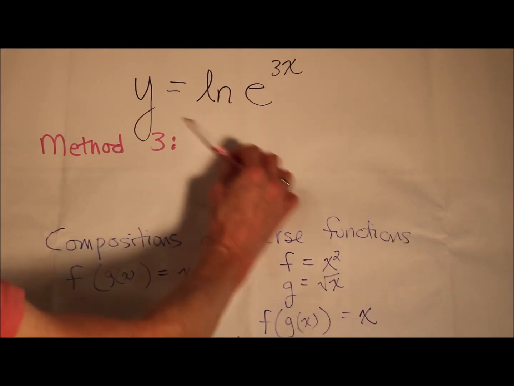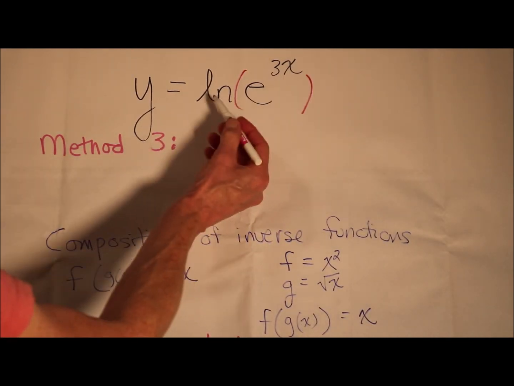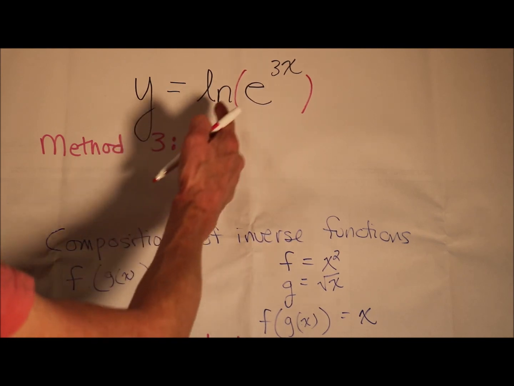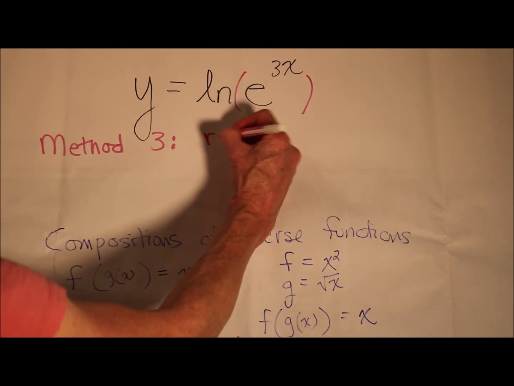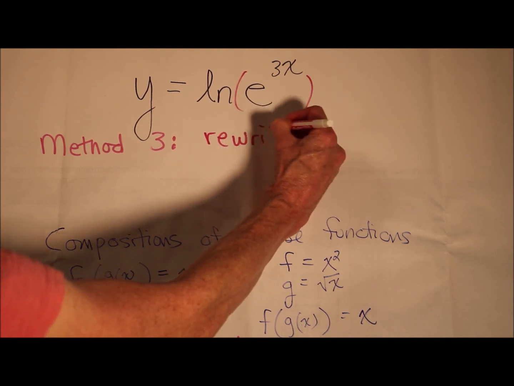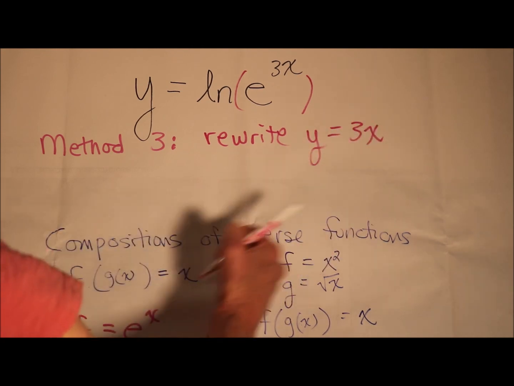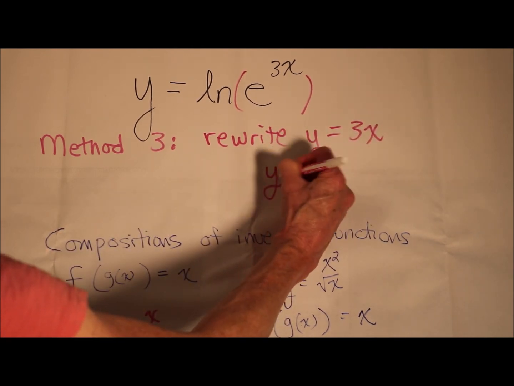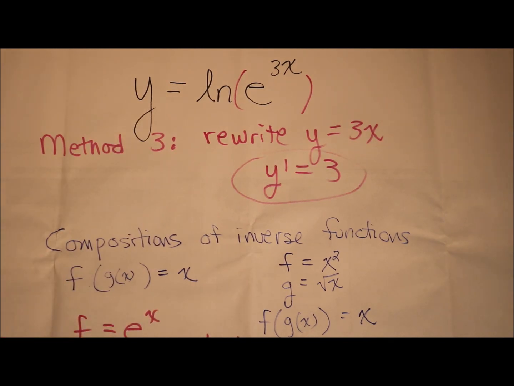So now when I look at this, I say, wait a minute. I'm putting an e to something inside of a natural log. Natural log and e are inverses, so they undo each other. So I'm just going to rewrite this function as y equals 3x. Holy cow! So the derivative is just 3, which of course is what we got using the other two methods. That is the quickest of all.